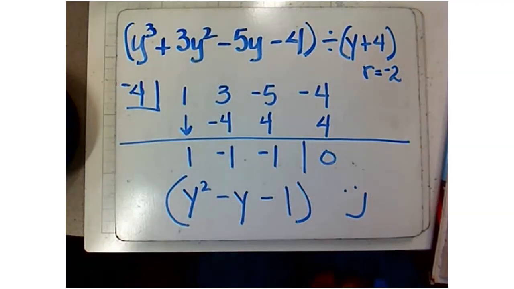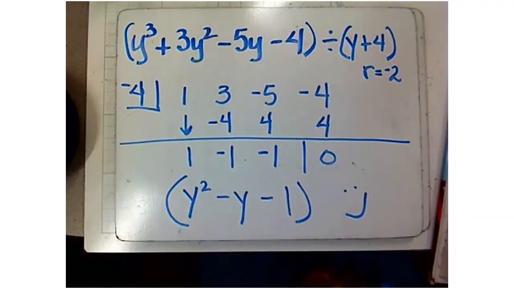So Baker, you pulled down a -1 below your 3 and -4, right? And then -4 times -1 is 4, right? And what is -5 plus 4? -1. So you put a -1 underneath the 4.